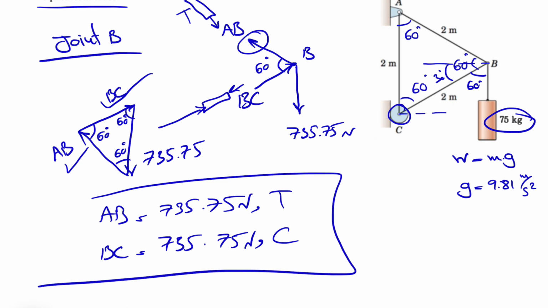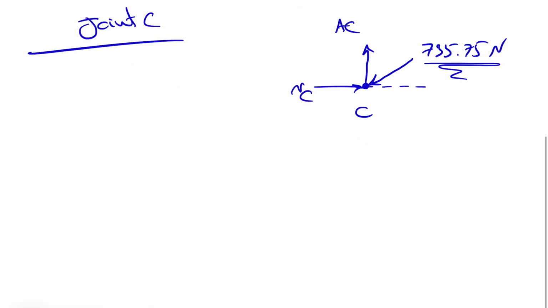And again, we know this angle right here is 30 degrees because these two are parallel, so these two angles are the same. So if we continue this line, we'll see that this will be 30 degrees, and we only need to do the sum of all forces in Y direction in order to find our AC.